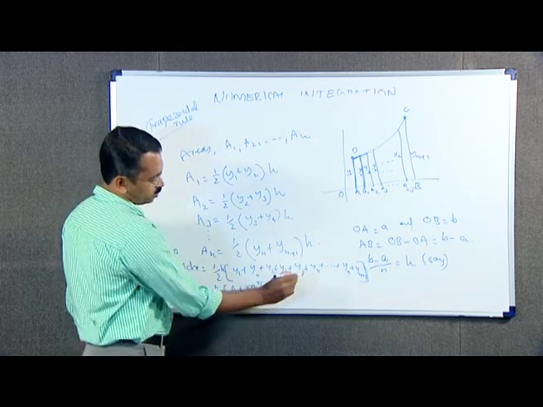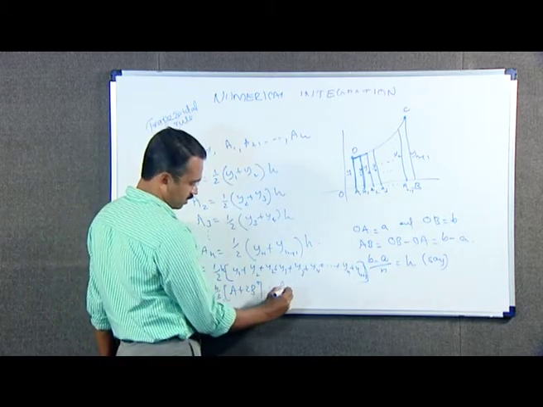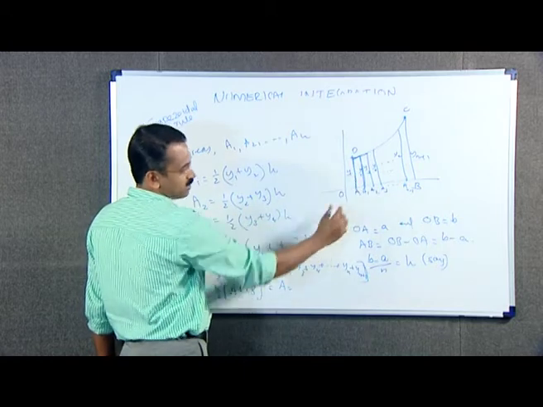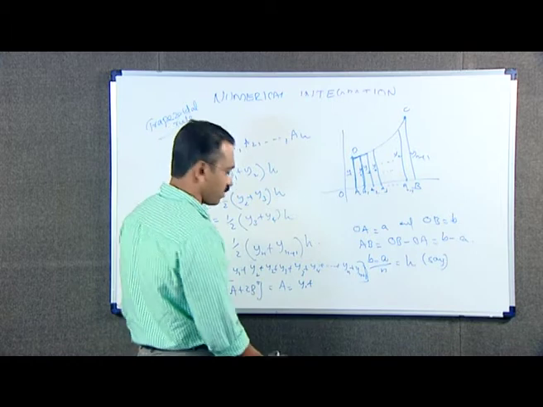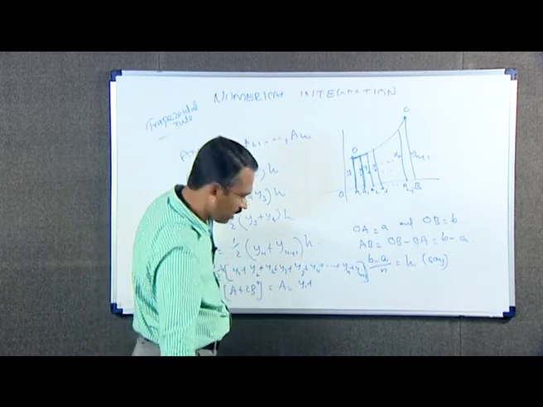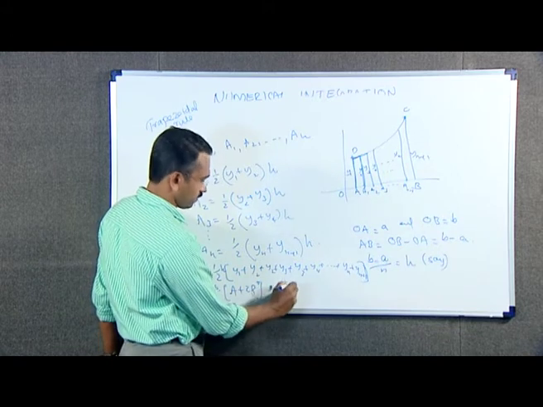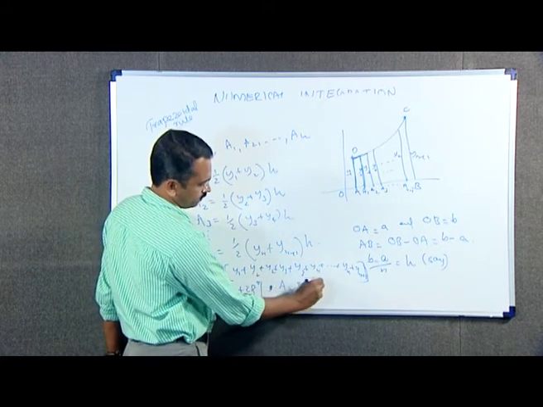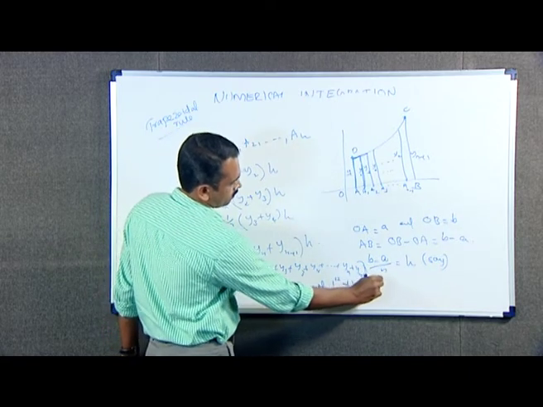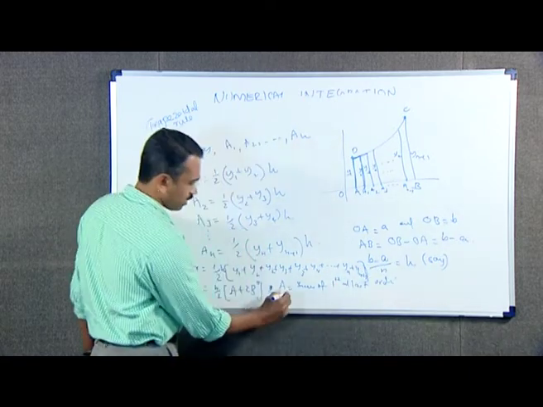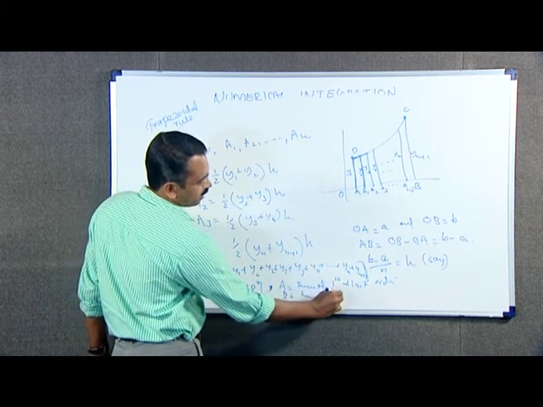where A is equal to the sum of the first and last ordinates. That is, the first ordinate y1 and the last ordinate yn plus 1. And B is equal to the sum of the remaining ordinates.